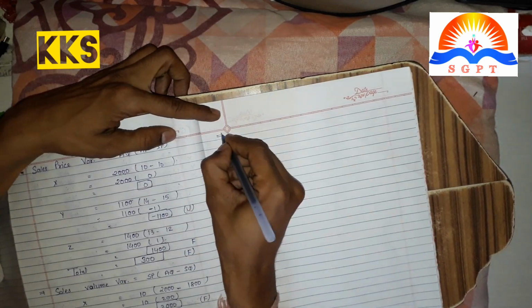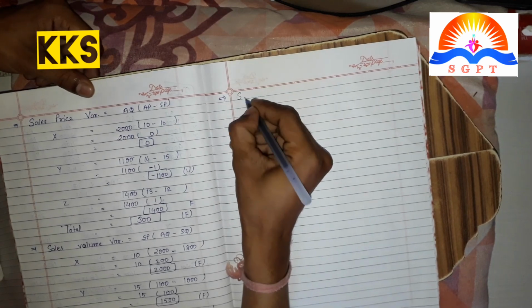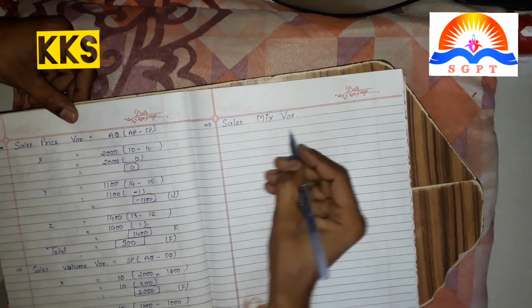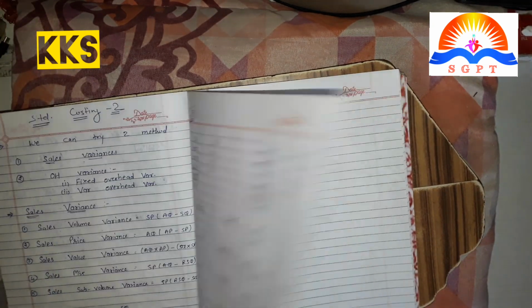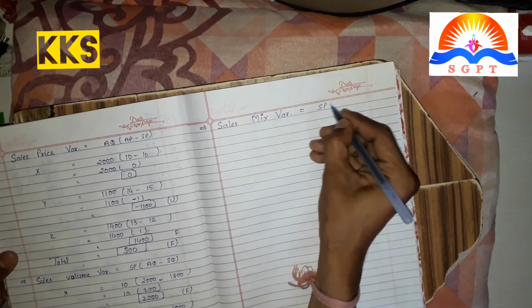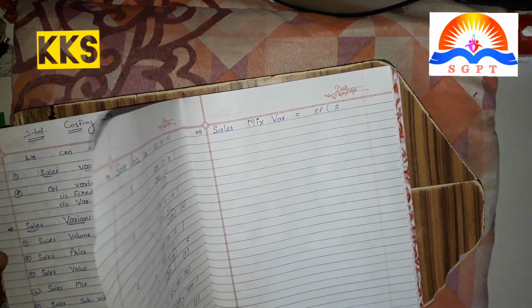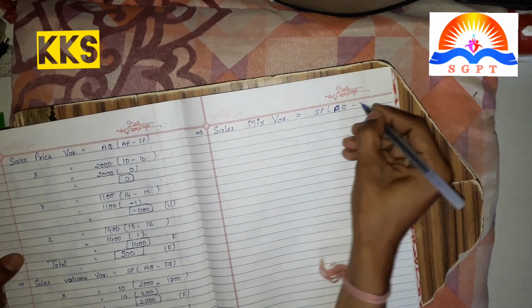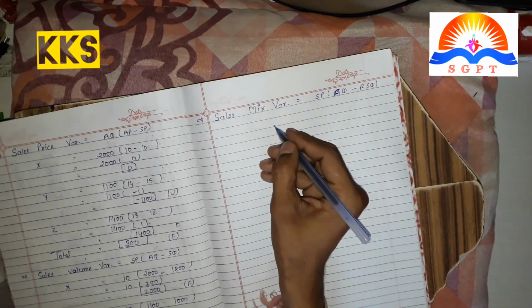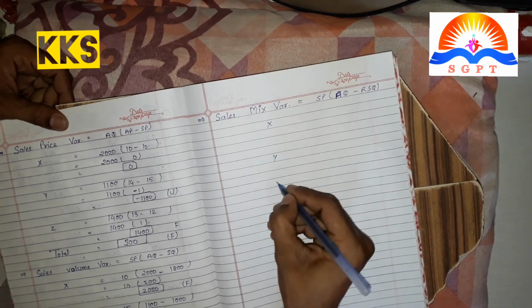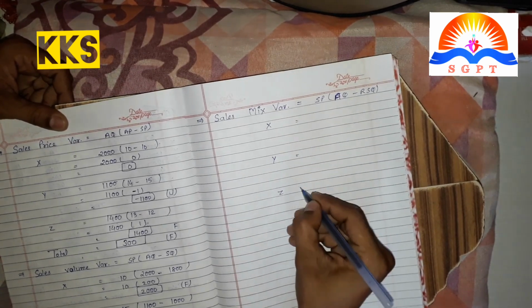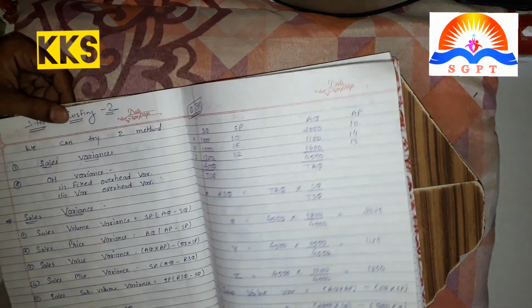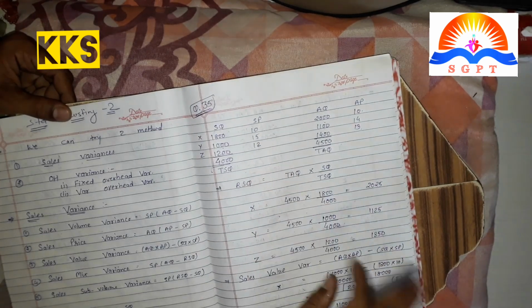Sales mix variance: SP into AQ minus RSQ for X, Y, Z. SP is 10, 15, 12.